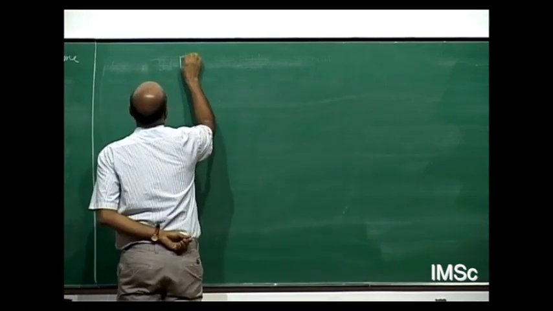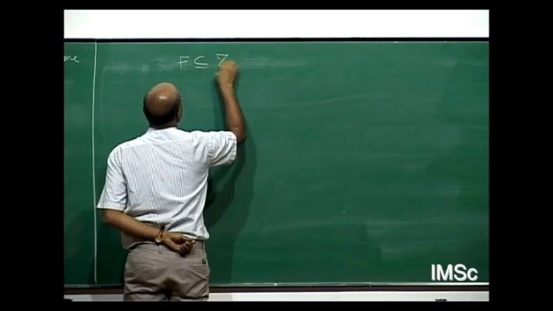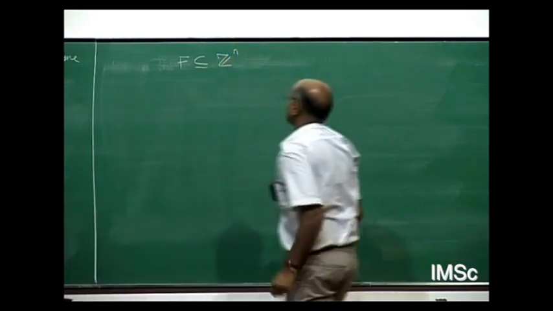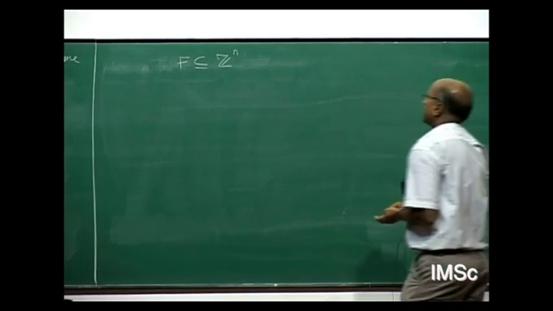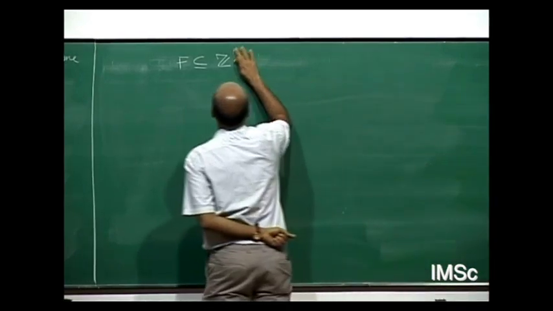So my setting will be, we will have a certain subset F of Z to the power d.